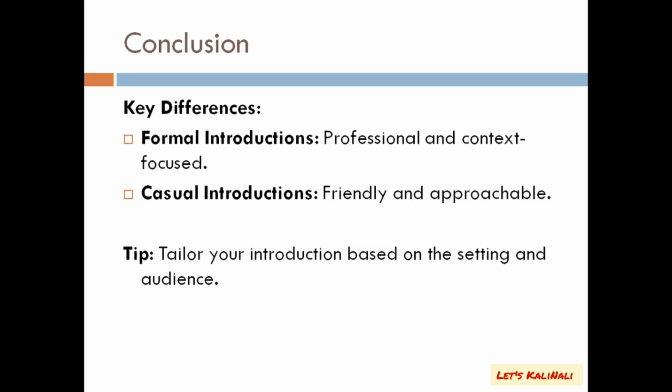And then casual introduction is a friendly approach. And one thing you need to remember, it's a note that you need to tailor your introduction based on the setting and the audience. You need to change according to the setting, according to the audience, according to the situation. Okay, this is all about self introduction in a formal way as well as in casual ways.